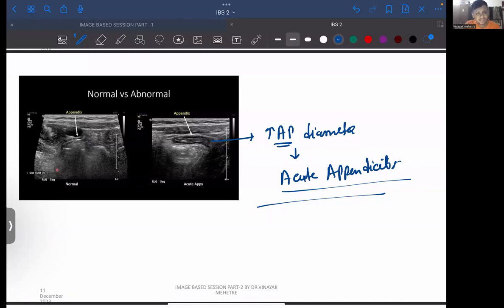So in appendicitis also what we will see, increase in the size of appendix, right? So increase in AP diameter will be seen in acute appendicitis on ultrasound.